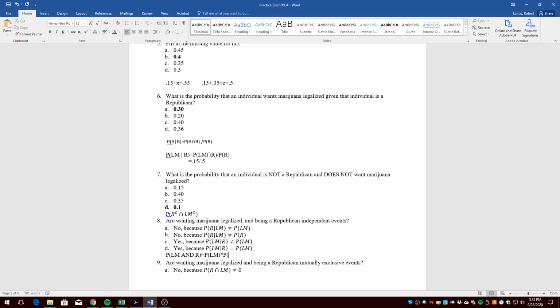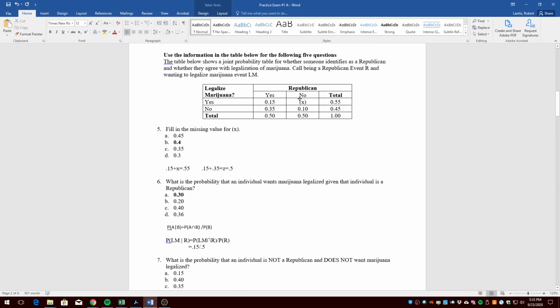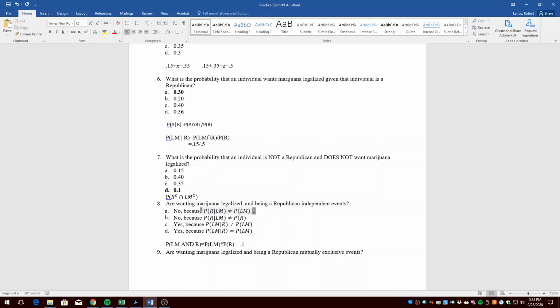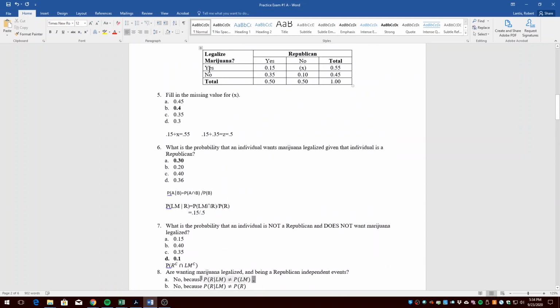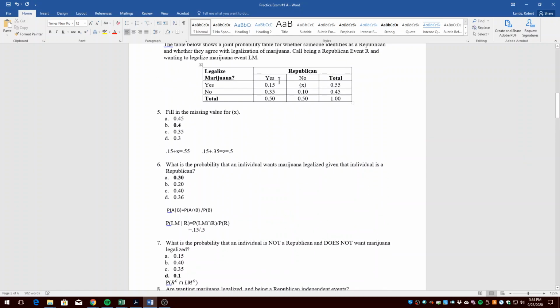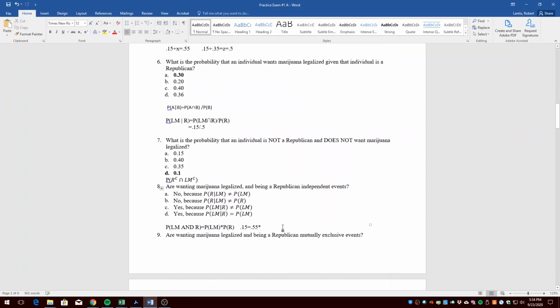I don't know why, it must be a shorthand, right? So I can check that. Is the probability of LM and R, so wanting marijuana legalized and being Republican, so it's 0.15, equal to the probability of wanting marijuana legalized, which is 0.55, times the probability of being Republican, which is just 0.5?